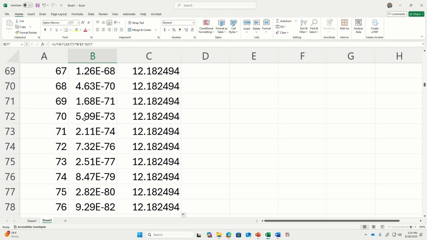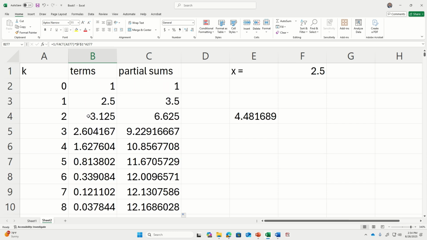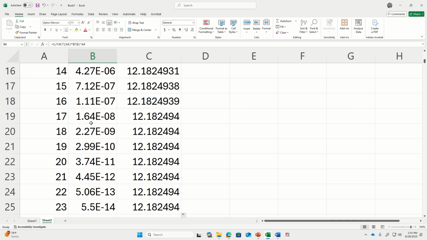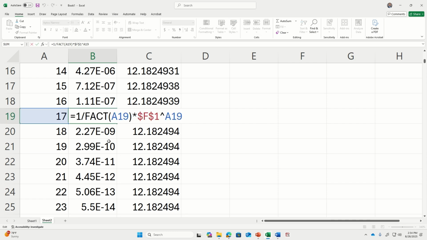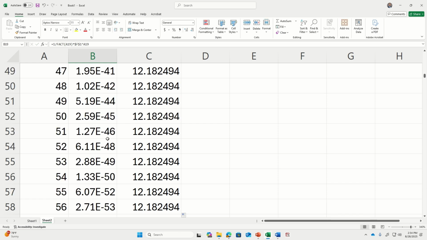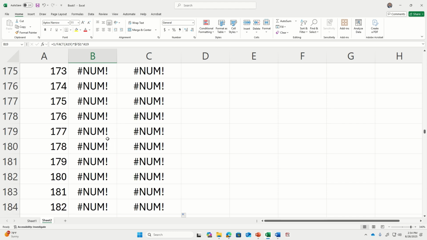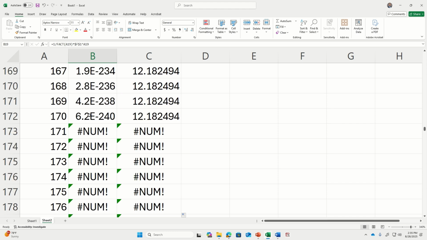So I think what happened here is that the way I wrote these formulas, it's calculating a factorial of 17, which is not that big, but if you go on to like the factorial of 100, now that's a huge number. And the problem is you can't store the factorial of 100 in the double precision floating point data type, right? And so it's going to give me that number error. And then the same thing for x raised to the power whatever, that also becomes too large to store. And so at some point, whenever we try to do the factorial of 170, 171, it gets out of range.